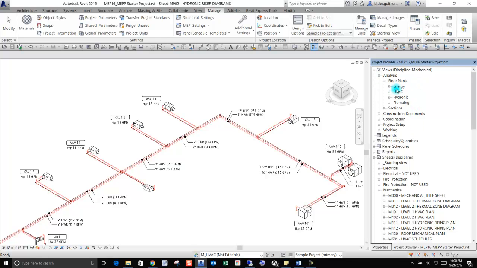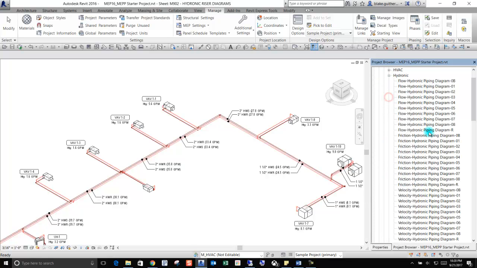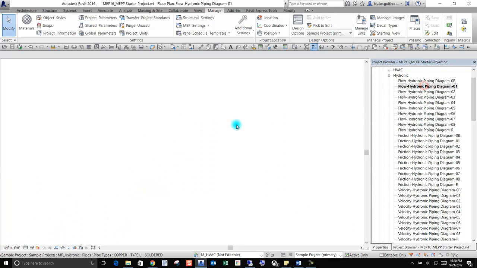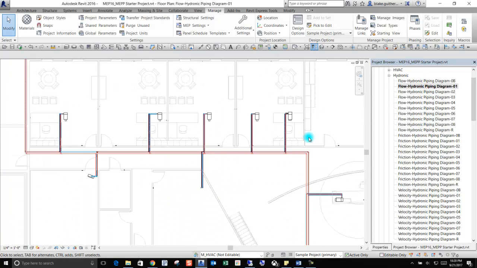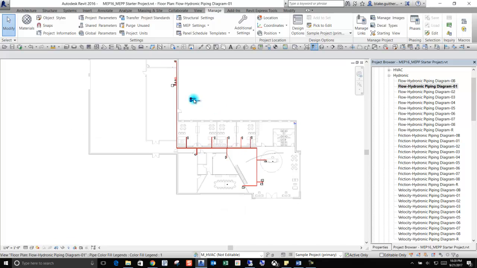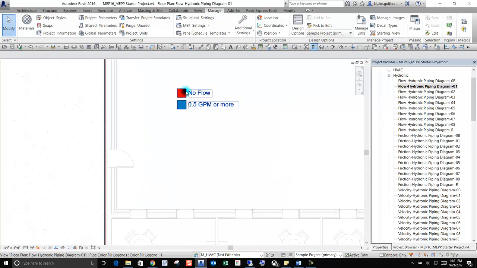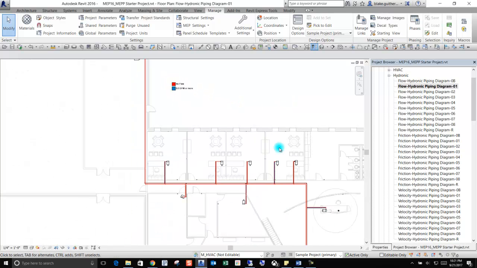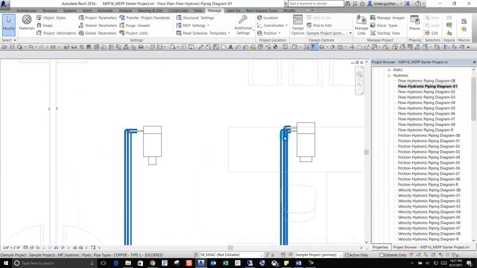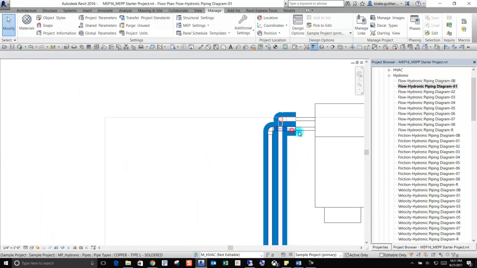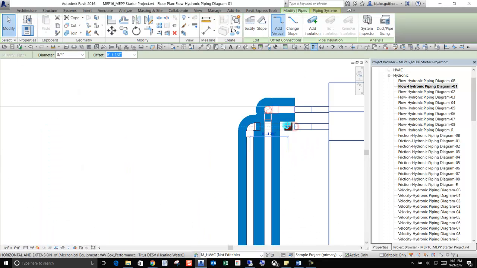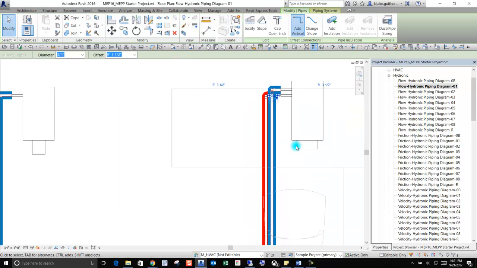So if you go to analysis, floor plans, let's start with hydronic, and let's start with the flow diagram. This diagram has a color legend applied to it, and as you can see, it's already set up for all levels of the building, and essentially it's just flagging any pipe with zero flow conditions. So if we had any type of disconnect, so if this pipe wasn't fully connected to the VAV box, we would see that right away in this diagram.